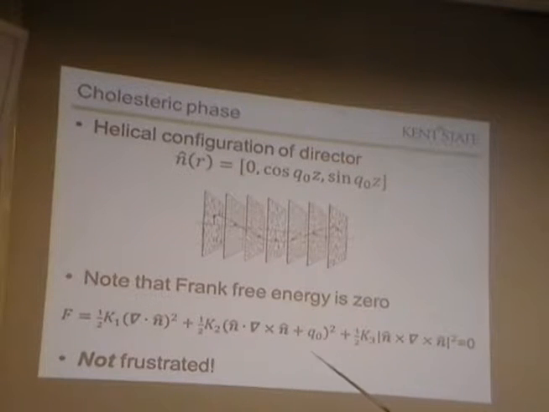This is, of course, the sum of squares, and so a sum of squares can only be 0 or positive. And so the helical configuration of the director is an ideal configuration for this. It is exactly minimizing the free energy everywhere.